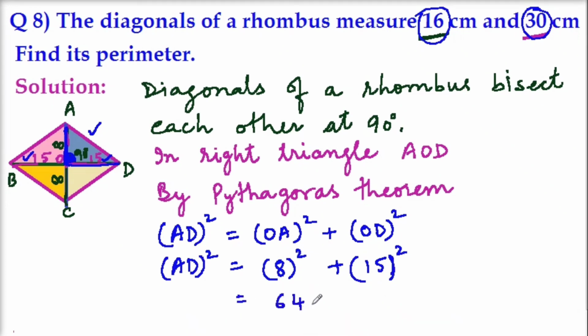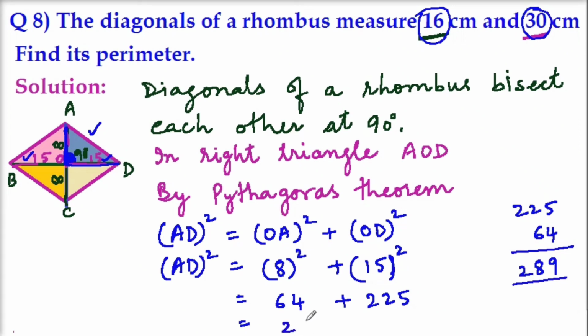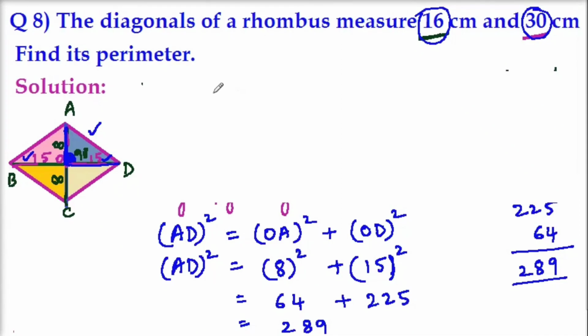Now square of 8 is 64, square of 15 is 225. Let's add 225 plus 64. After adding we'll get 289. So we have AD whole square equals 289.